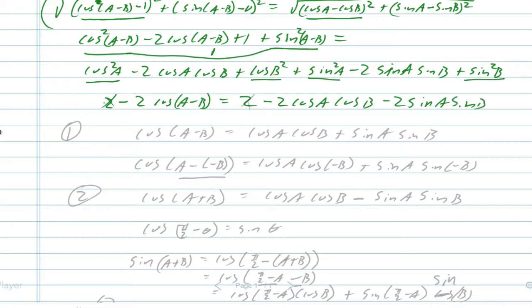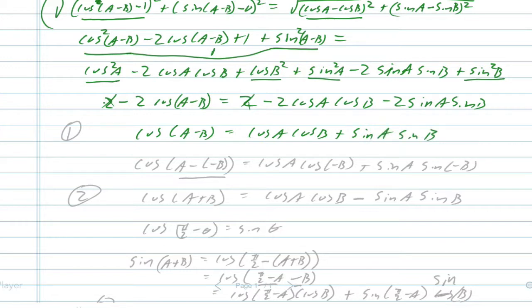So if we subtract 2 from each side, the 2's go away. And then if we divide by negative 2 on each side, we get cosine (A minus B) is equal to cosine A cosine B plus sine A sine B.